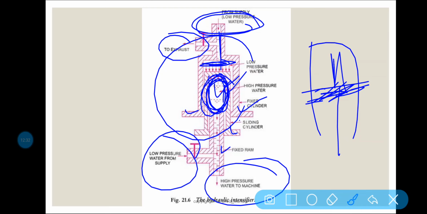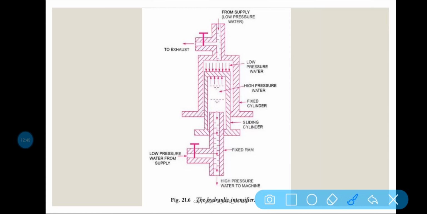Okay, so it consists of the fixed ram through which the water under high pressure flows to the machine, and a hollow inverted cylinder. This is your hollow inverted cylinder. So fixed ram, hollow inverted cylinder containing water under high pressure is mounted over the fixed ram, and the inverted cylinder, a sliding cylinder, is surrounded by the fixed inverted cylinder.